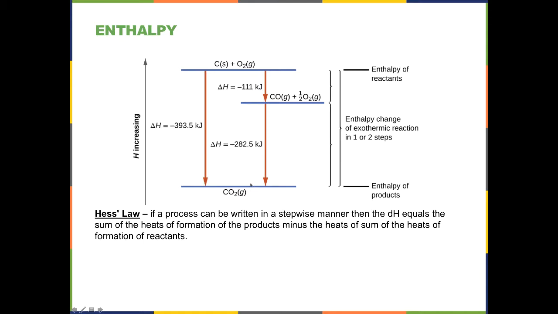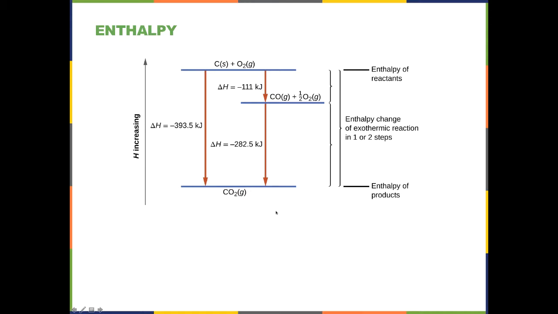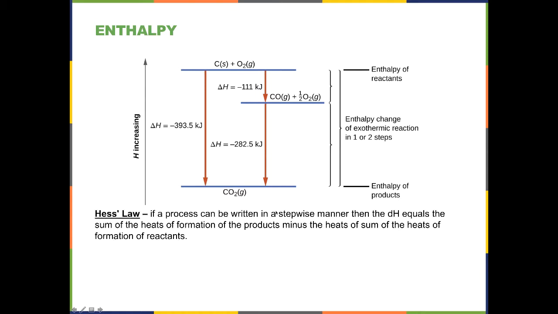And that's what Hess's law says: if you write a process in a stepwise manner, then the heat of formation is equal to the sum of the heats of formation of the various steps. And so you can take the heats of formation of the products, subtract the heats of formation of the reactants, and that will give you the enthalpy for that reaction.